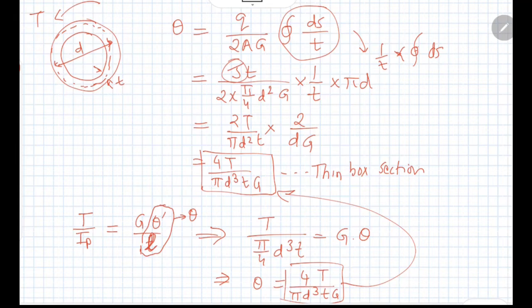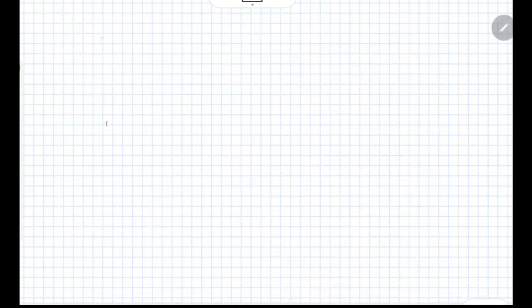So this illustrates how to use the thin box section formulae to calculate stresses and angle of twist for such problems. Let me further elaborate how to use the equation for the angle of twist, which is given as Q divided by 2Ag multiplied by path integral ds by t.